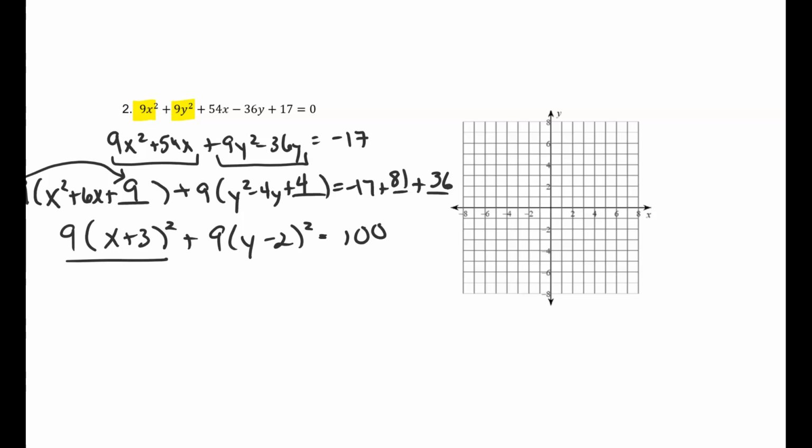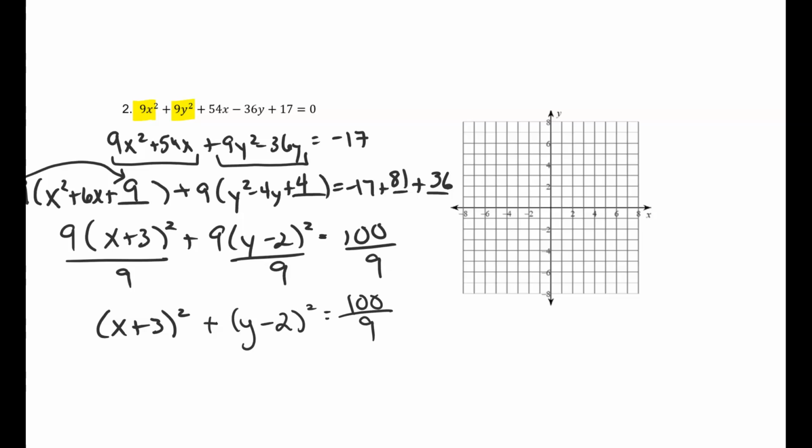But we can divide everything by 9 because we don't have any terms in front of that. So we get the quantity x plus 3 squared plus the quantity y minus 2 squared equals 100 over 9.